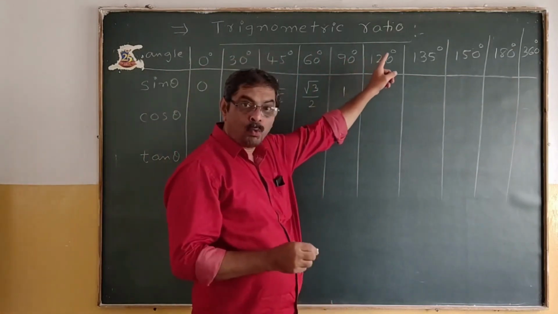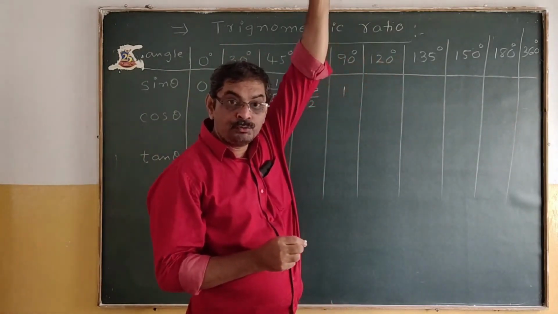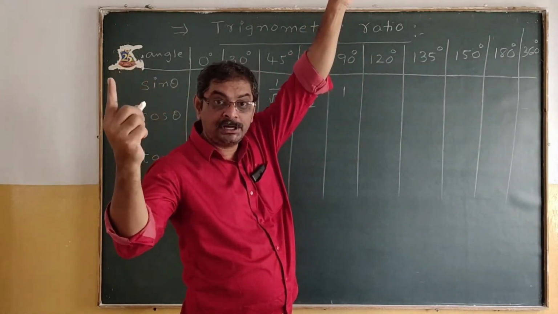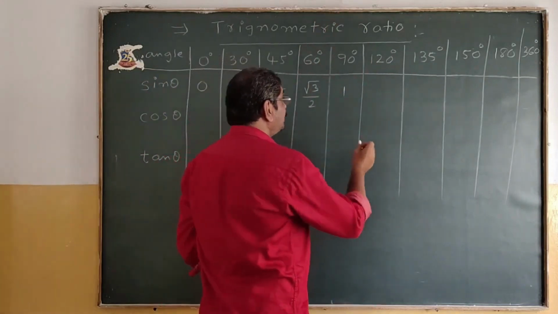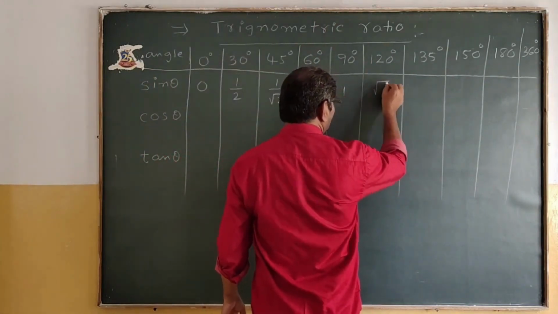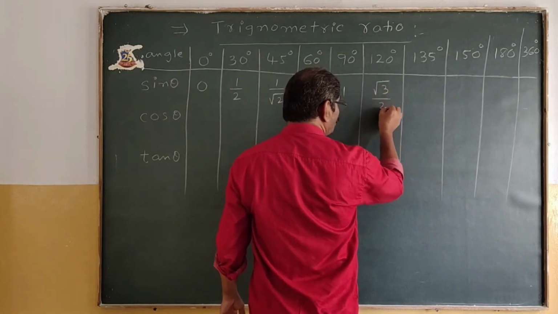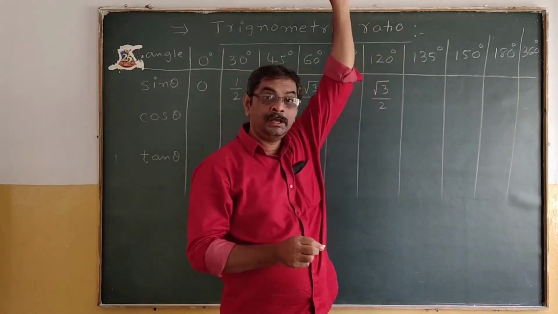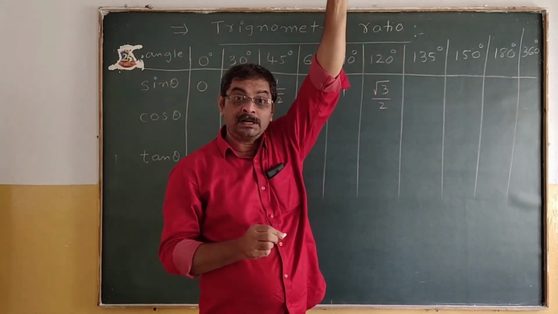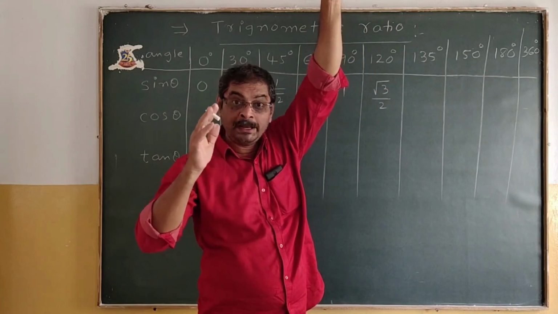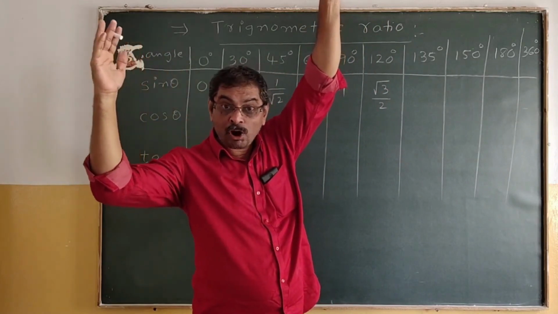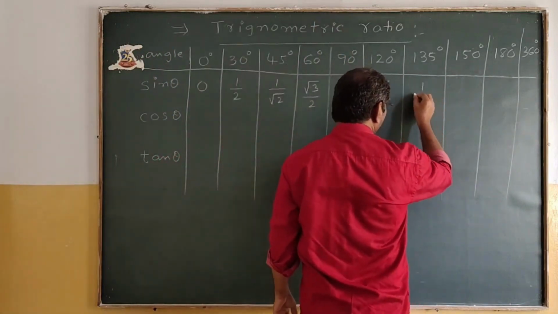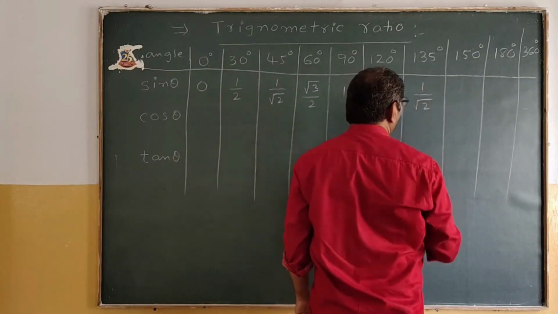Now sin 120 degree will be numerically equal to sin of 90 plus 30 degree, that will be cos 30 degree, that will be numerically equal to root 3 divided by 2. Similarly, sin 135 degree will be sin of 90 plus 45 degree, that will be cos 45 degree, that will be equal to 1 by root 2.